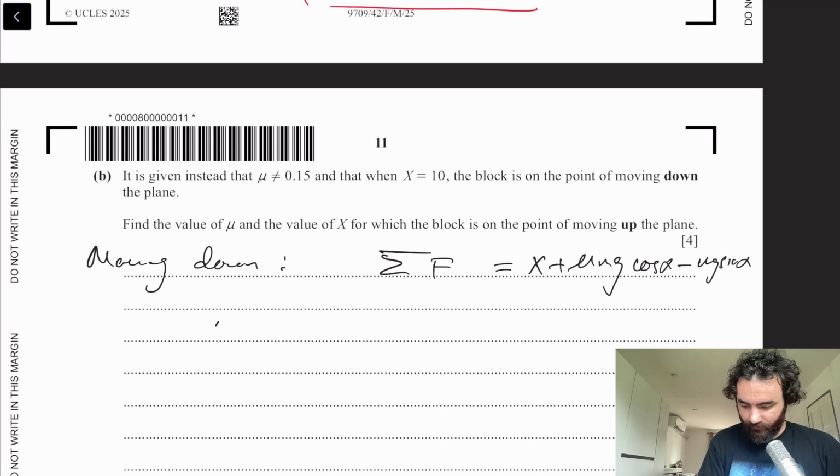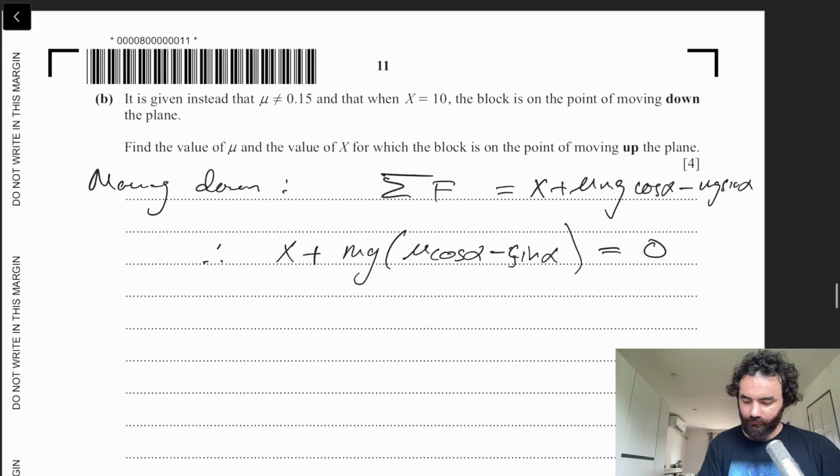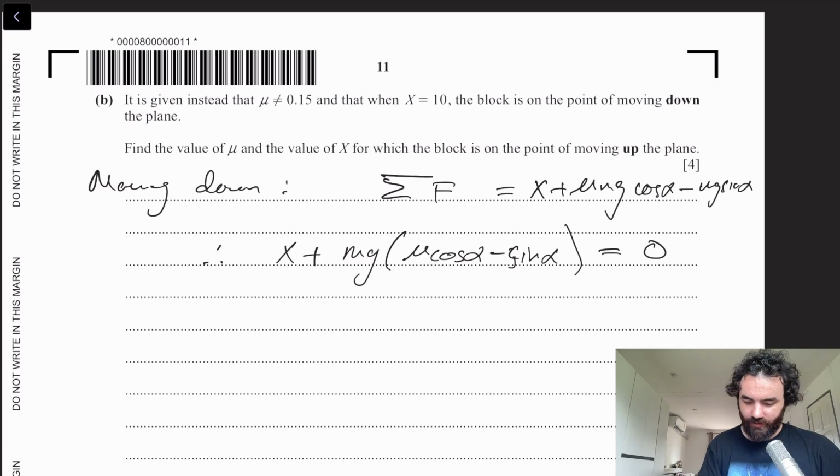Therefore we get x plus, I'm going to factor out an mg to make it look easier, and this equals 0. And we're doing all this so we can find mu, because at x equal to 10 it's about to move down. So we know our x.